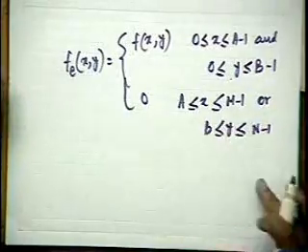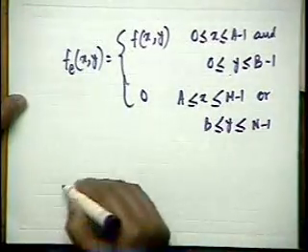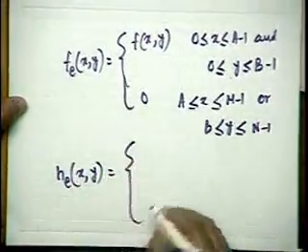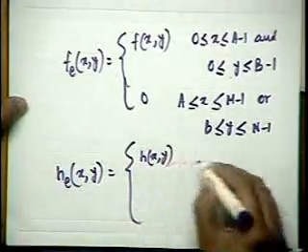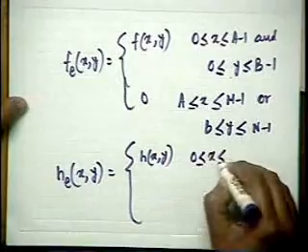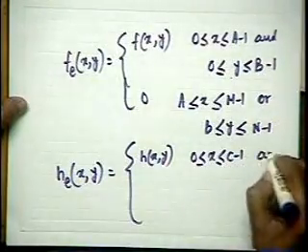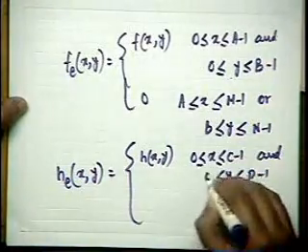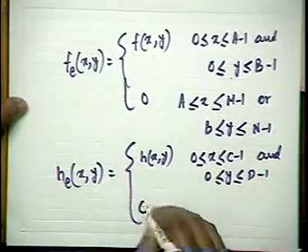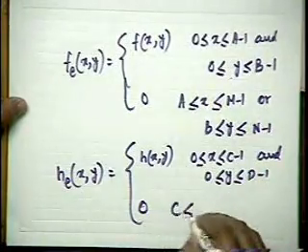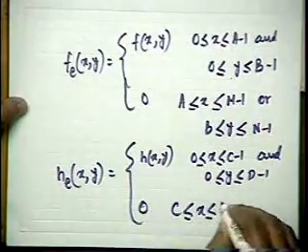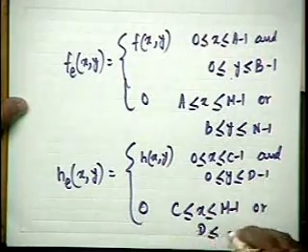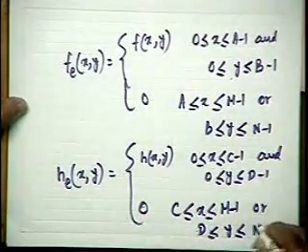And very similarly, he(x,y) can be written as h(x,y) for x lying between 0 and capital C minus 1 and y lying between 0 and capital D minus 1, and it is 0 for x lying between capital C and M minus 1, or y lying between capital D and N minus 1.